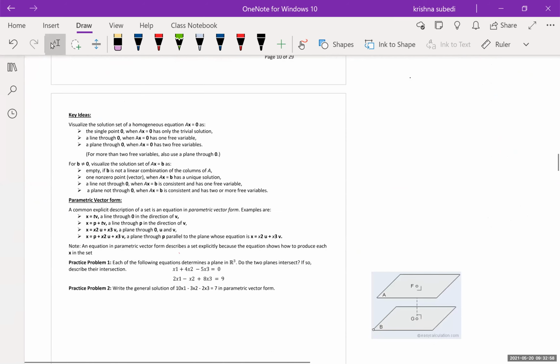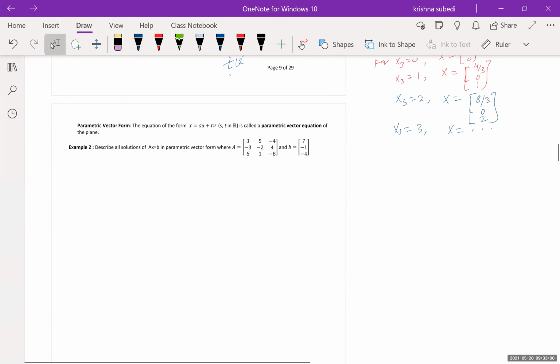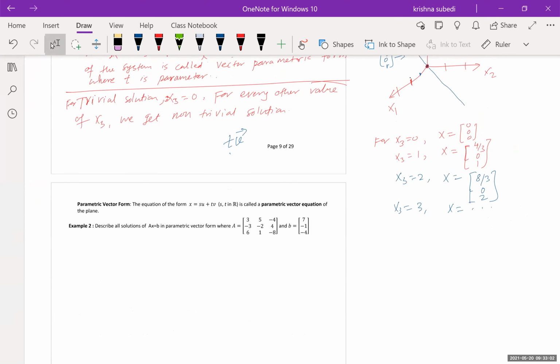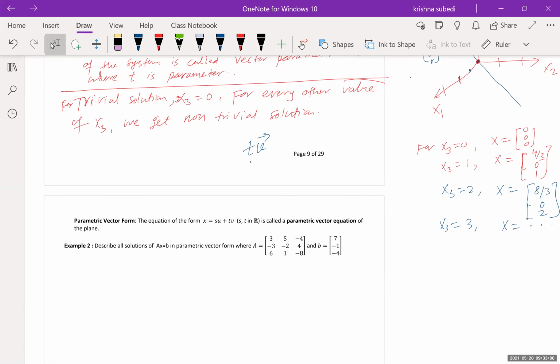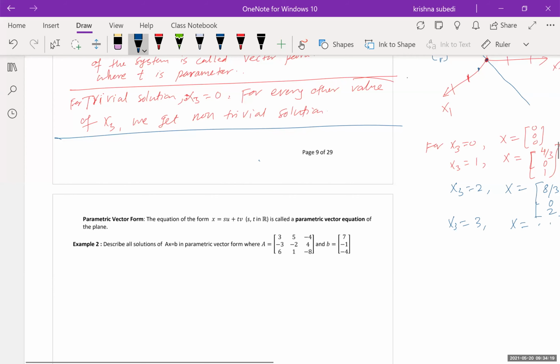Okay, well, I thought I'll give you another question here. Let's try one non-homogeneous system. Okay, let us consider a non-homogeneous system. Let's look at one example.